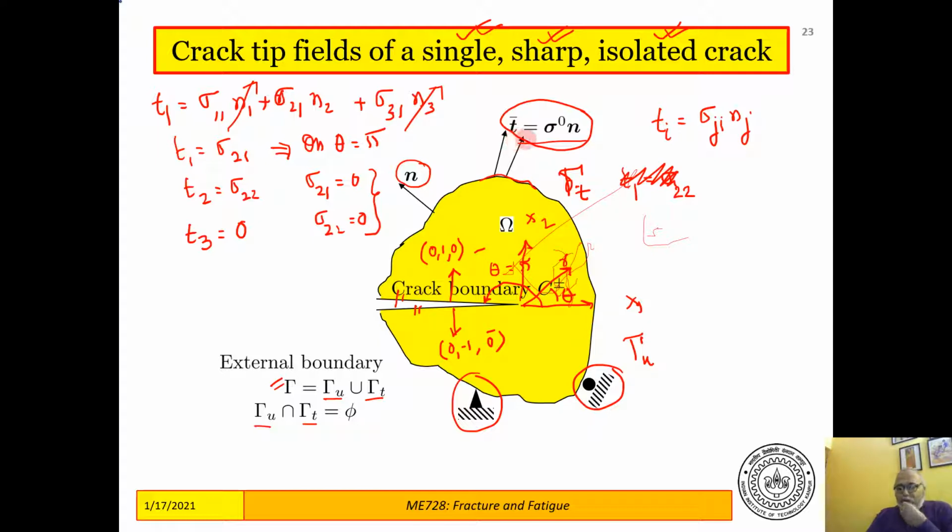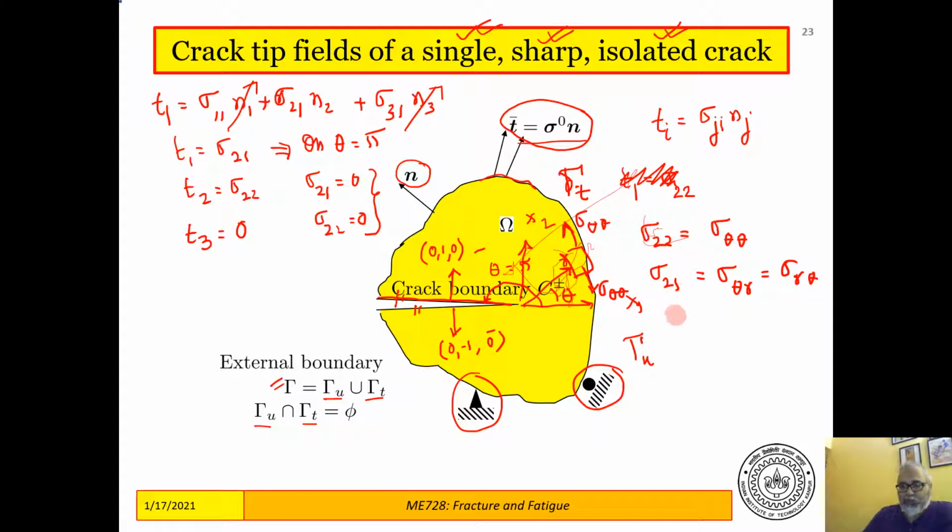Now, if I use the r theta coordinate system, I can easily see that on the upper crack face, sigma 2, 2 is equal to sigma theta theta. If you make theta equal to pi, then sigma theta theta and sigma 2, 2 coincide. Similarly, sigma 2, 1 is equal to sigma theta r, which is also equal to sigma r theta.